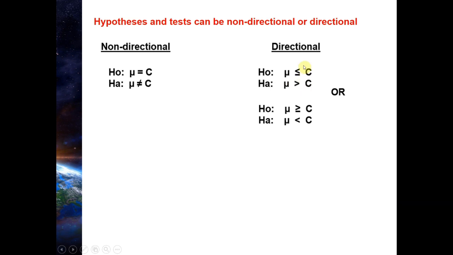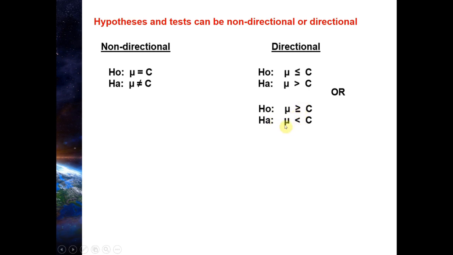If that's the case, H0 has to say everything else, and everything else would be mu is less than or equal to the constant. Another possibility is instead of saying mu is greater than the constant, you could say mu is less than the constant. In this case, H0 would say everything else, so it would say greater than or equal to.